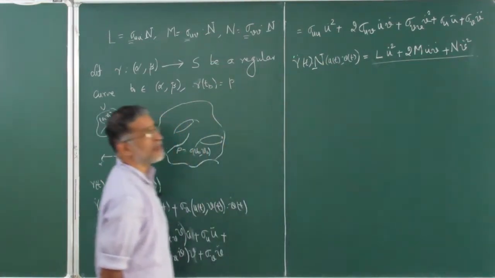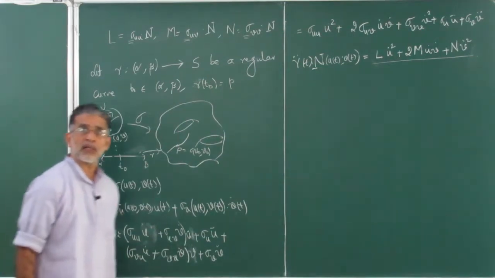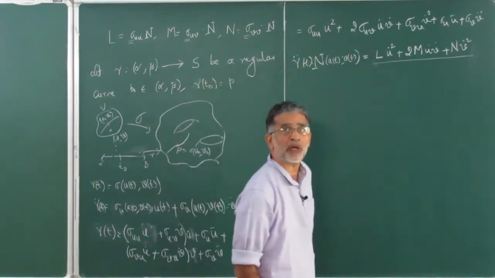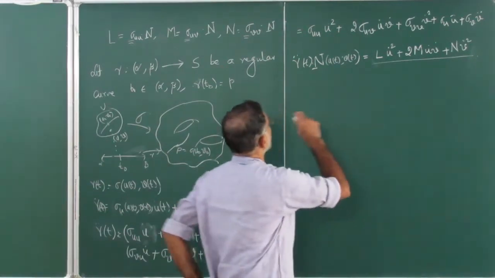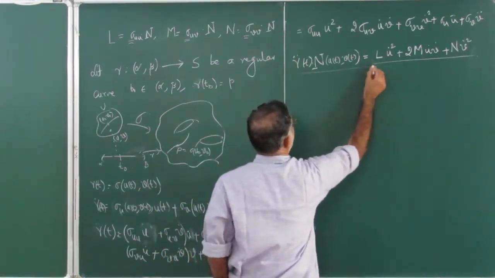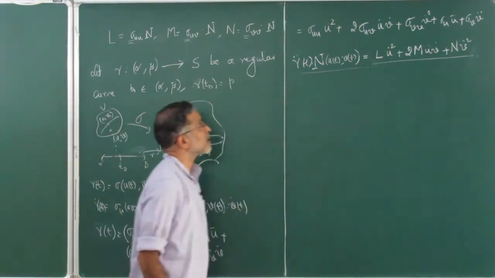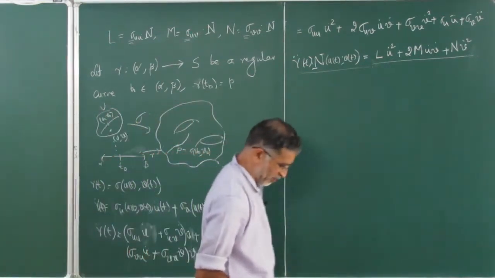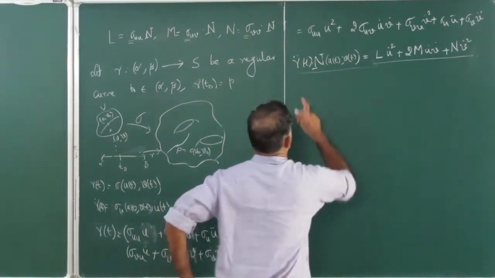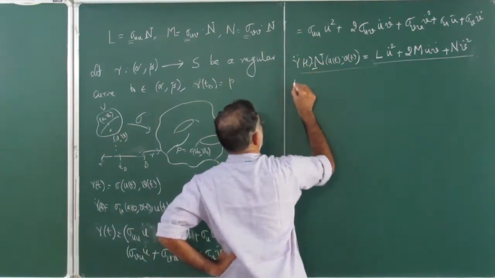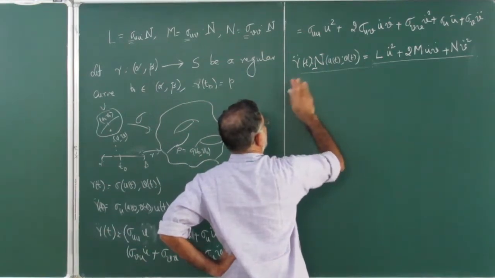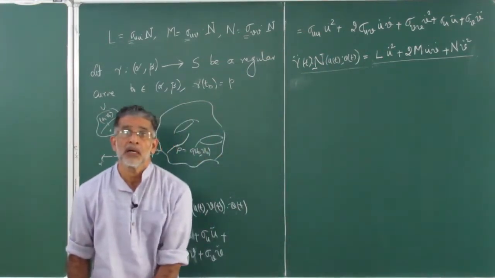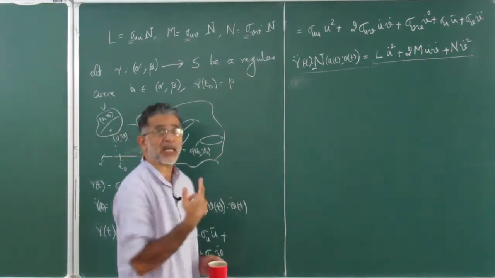So this L, M, N is a very useful object. Once and for all you compute it, then you don't have to keep on going back. This is called the normal curvature, whatever it means, I'll come back to that. Normal curvature of gamma dot, because actually it's the component of the curvature in the normal direction.